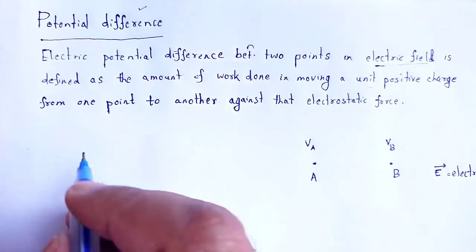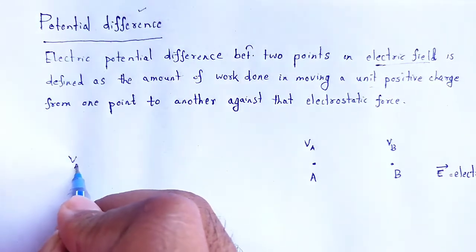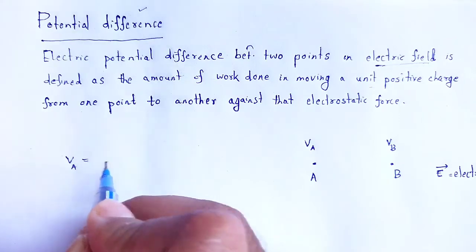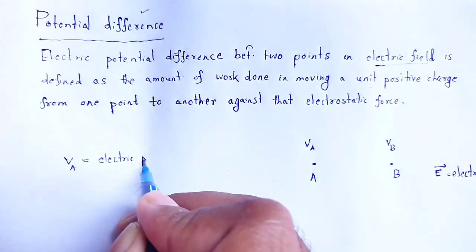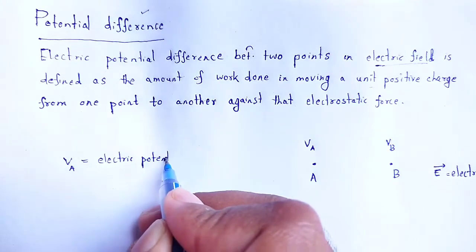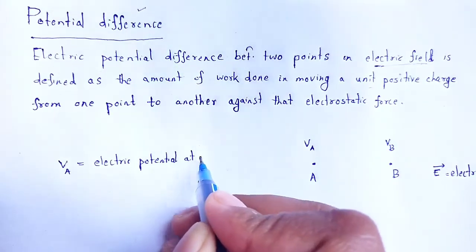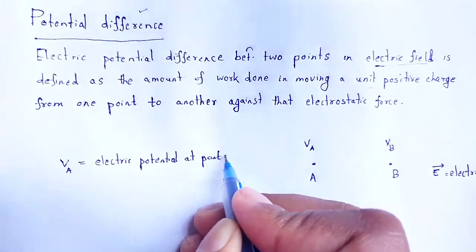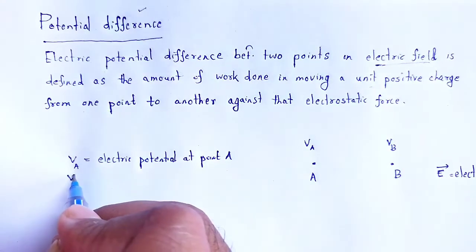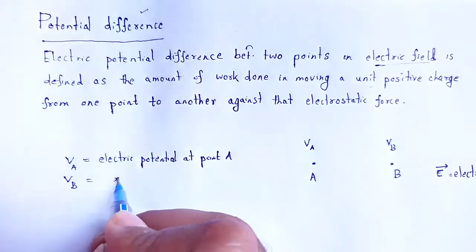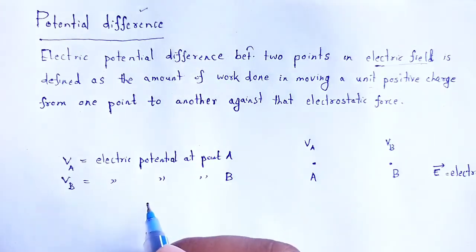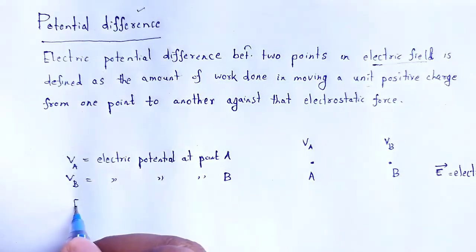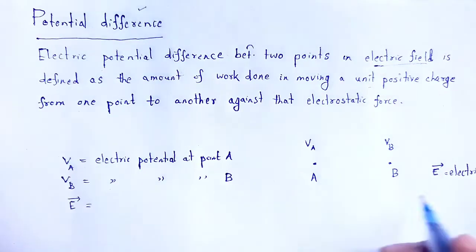So here we mentioned VA is the electric potential at point A, VB the electric potential at point B, and E vector is the electric field.